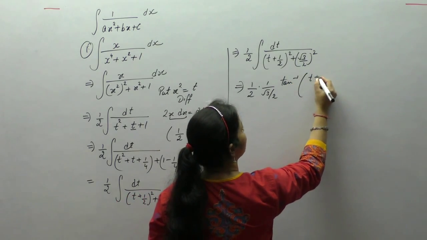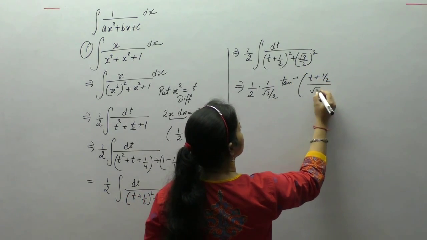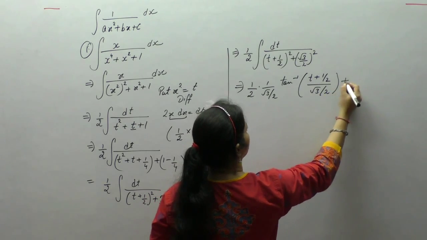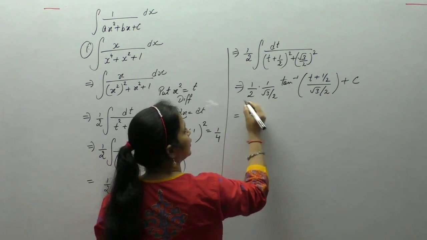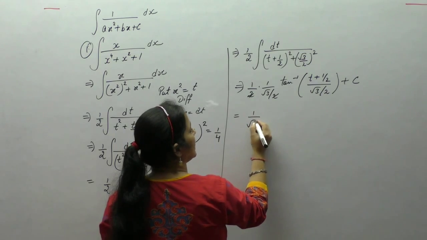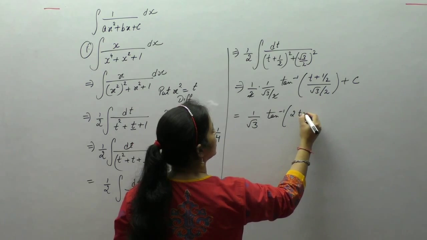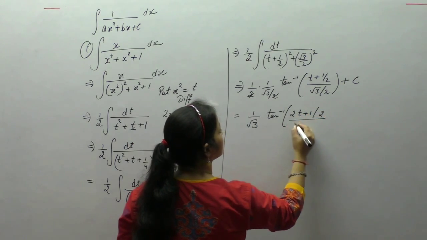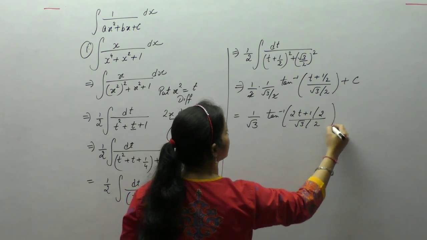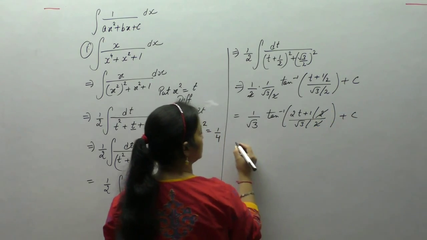Here x is t plus half, upon square root of 3 upon 2, plus c. 2 and 2 will be cancelled.